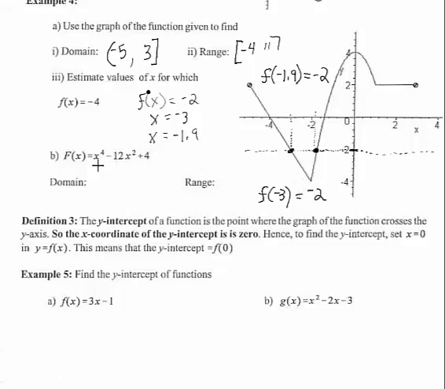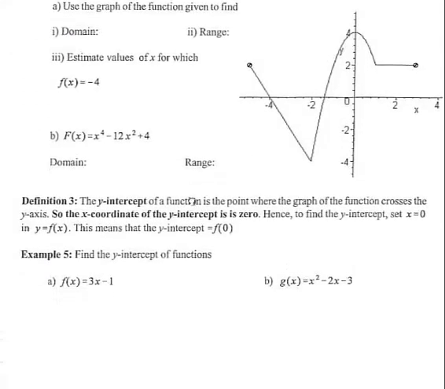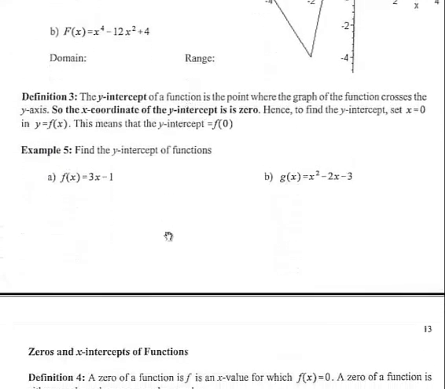Now we're given just the algebraic expression of this function capital F, and we want to come up with the domain and range. To do this, I need to bring up my graphing calculator.